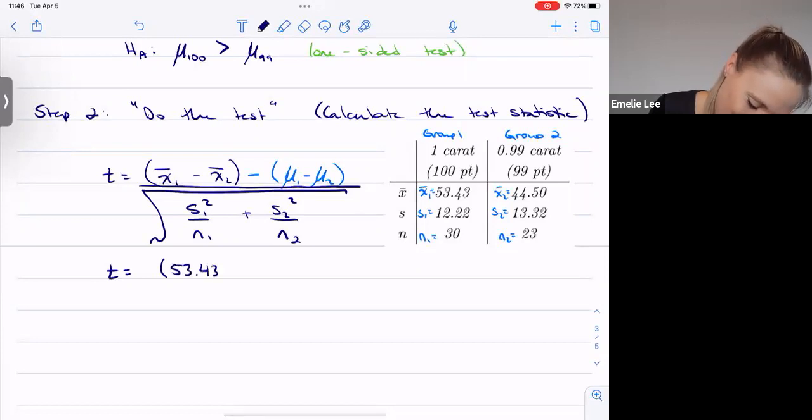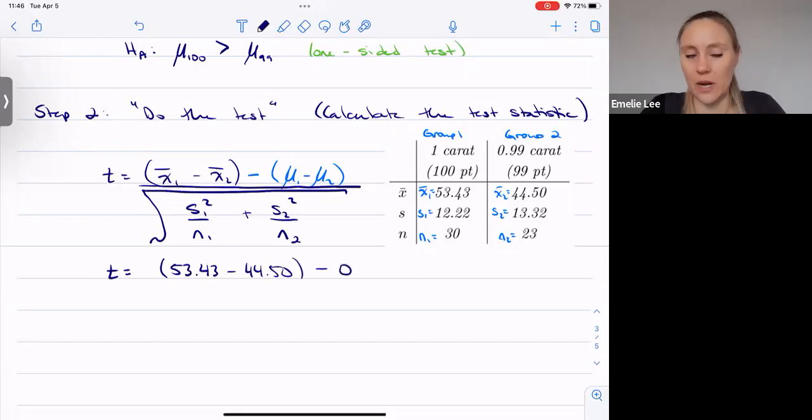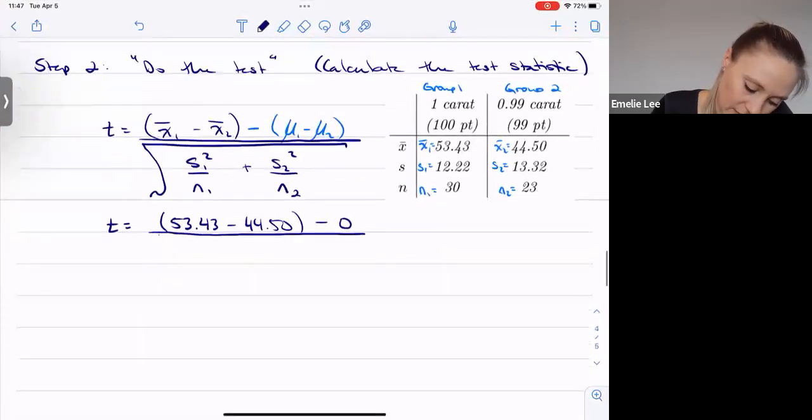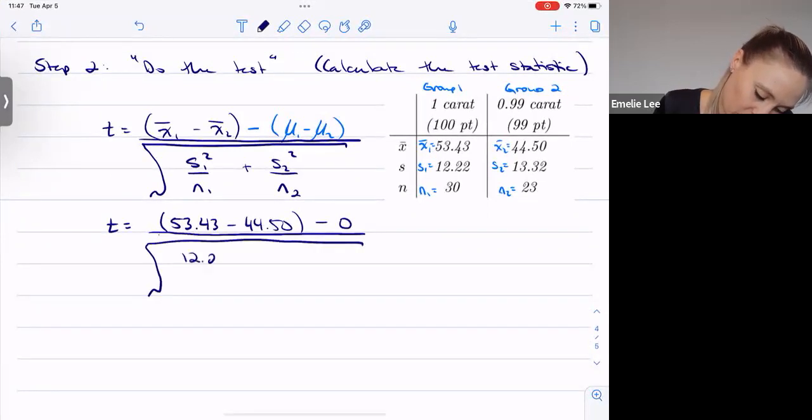5343 minus 4450, technically minus 0. You don't have to write it, but I will for this one. Divided by the square root of 1222 squared over 30 plus 1332 squared over 23.